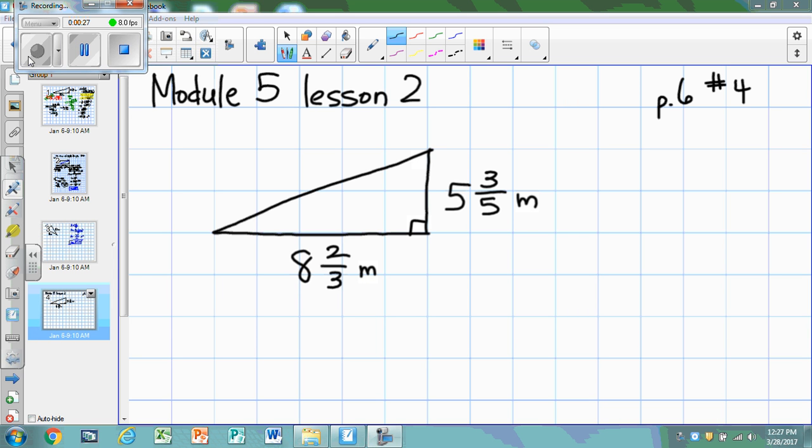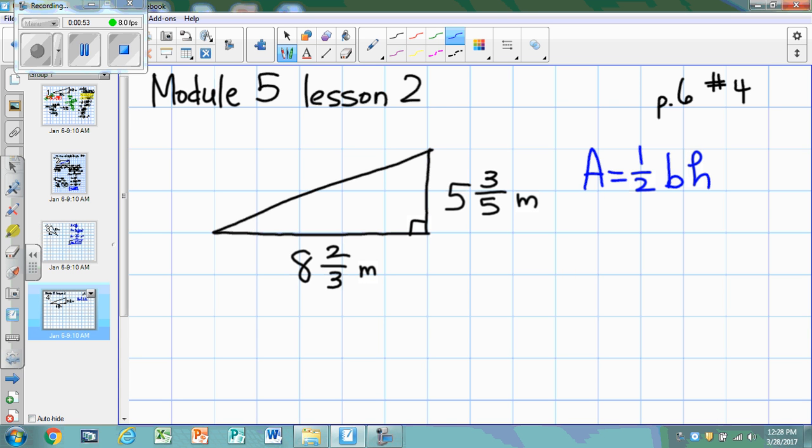Okay, so the formula that we're going to use for this one is area equals half base times height, because these measurements are already in fraction form, and it's going to make it easier for us if we're multiplying fraction times a fraction times a fraction, and we won't mess up what we're doing.